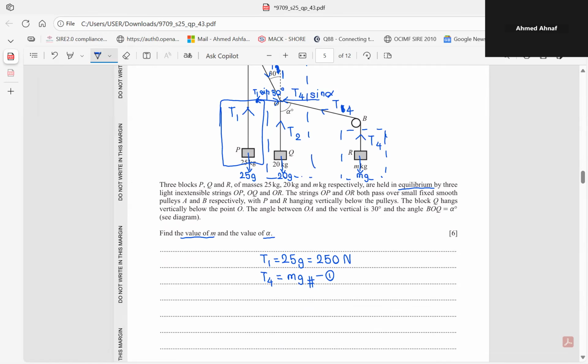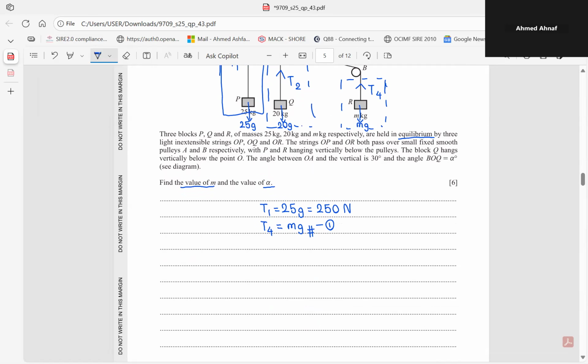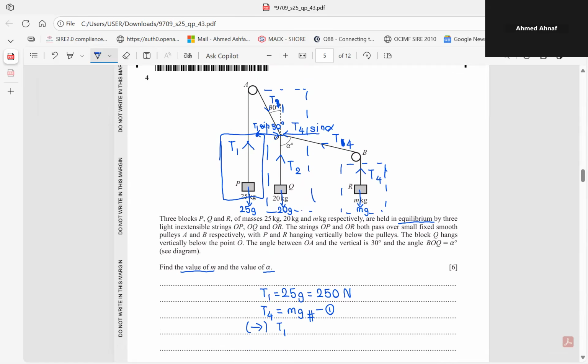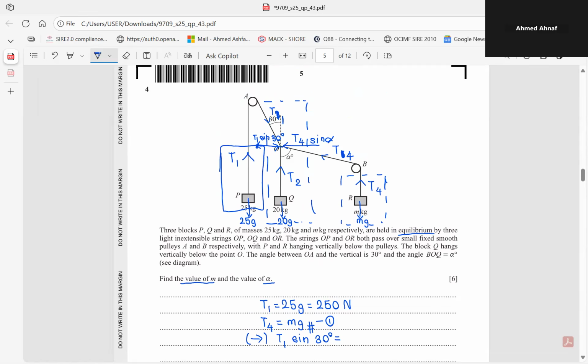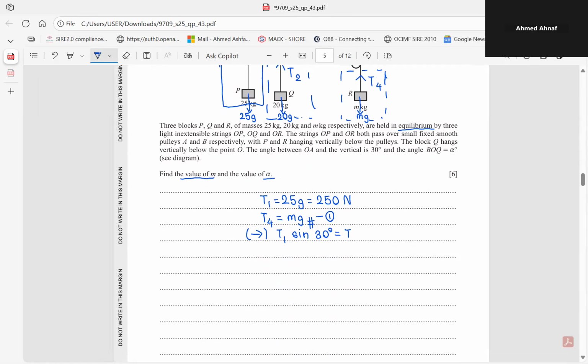Let's equate those together. T1 sine 30 equals T4 sine alpha. T1 is 250, and sine 30 is half.